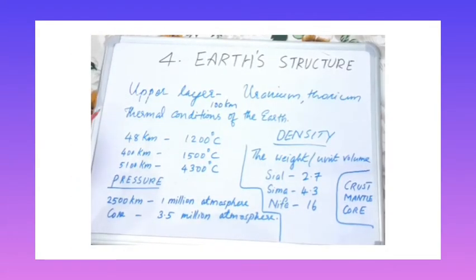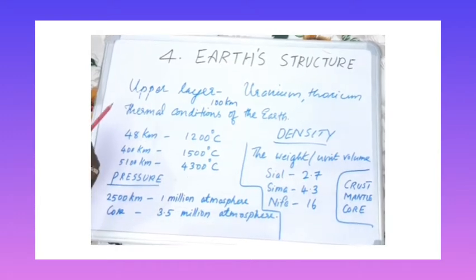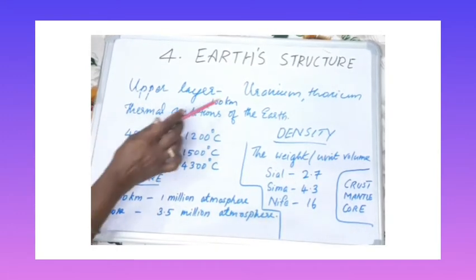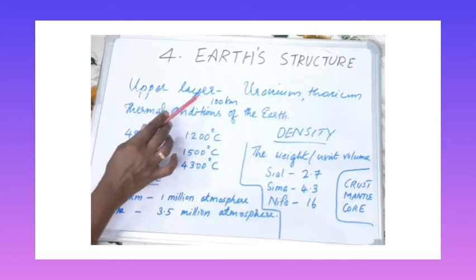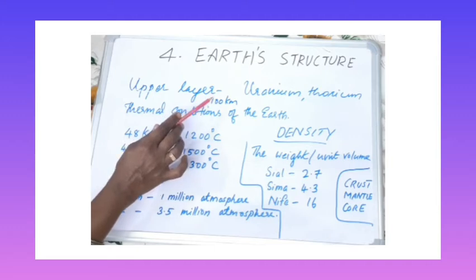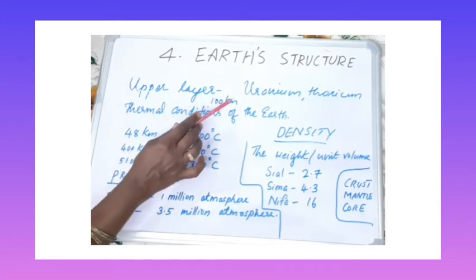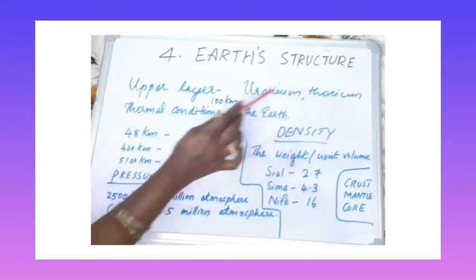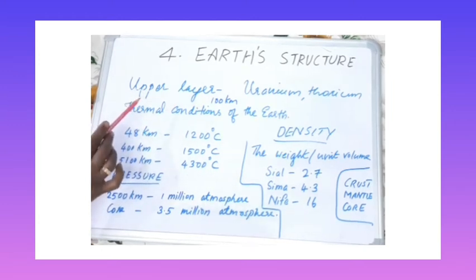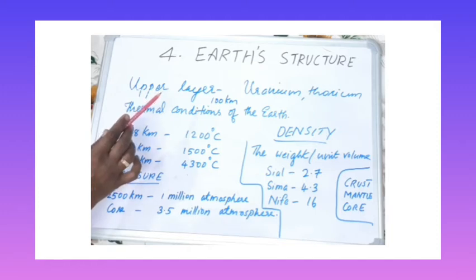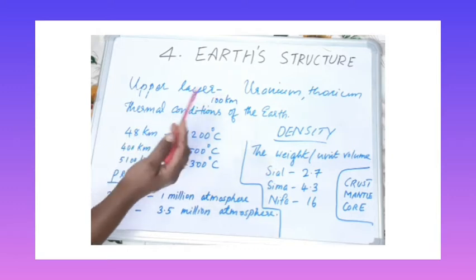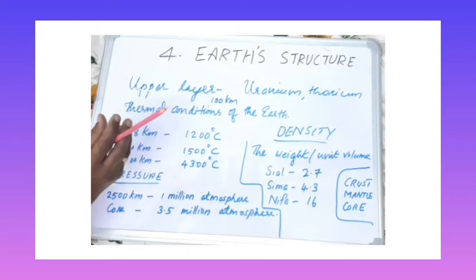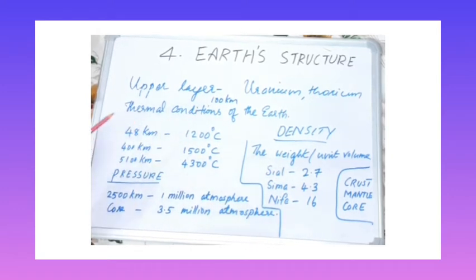In the upper layer of the Earth, an important source of heat is radioactive minerals like uranium and thorium. But these minerals are more abundant at a depth of 100 km, below which they are found in much lesser quantities.